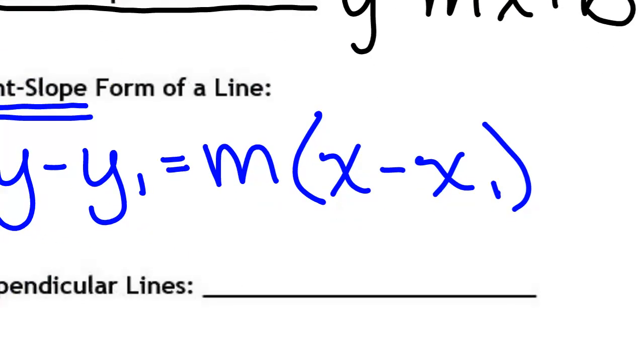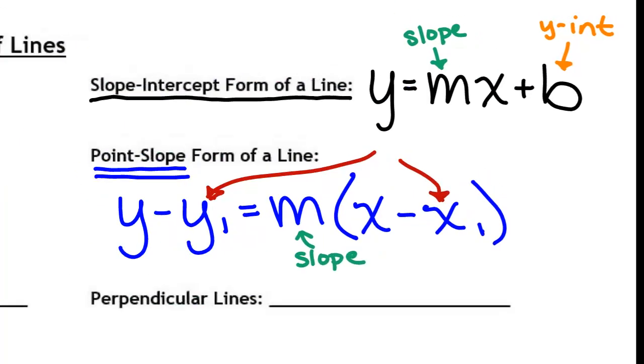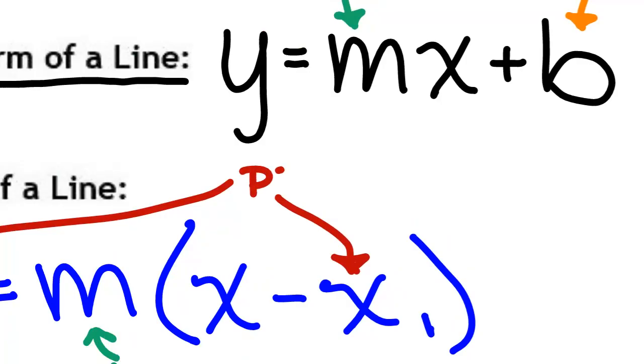It's called point slope form because my slope is right here, and the x1, y1 comes from a given point.